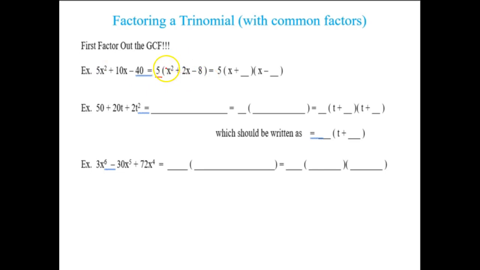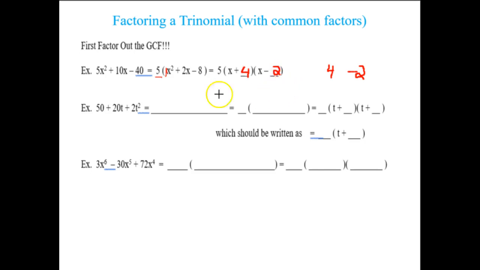Then because we now have a 1 in front of the x squared term, I can use the easy method where the factors of negative 8 that add up to 2 are positive 4 and negative 2. They add up to 2, but they multiply to give you negative 8. So then this would be 5 times x plus 4 and x minus 2.